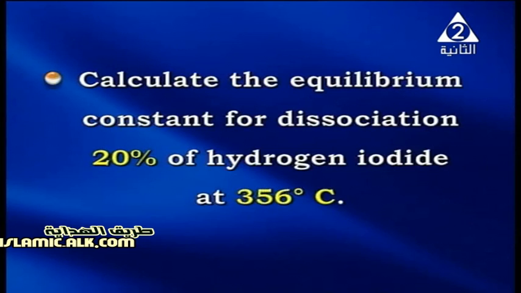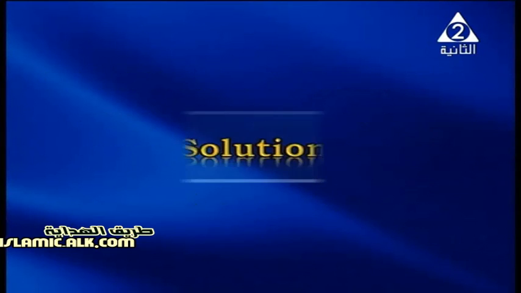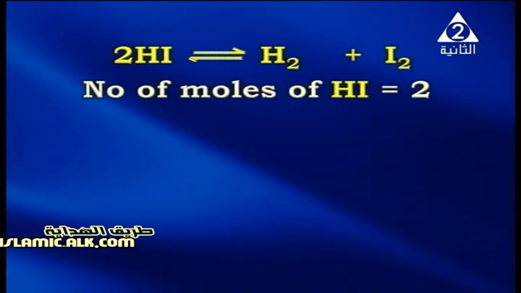Second example, calculate the equilibrium constant for the dissociation of 20% of hydrogen iodide at 356 degrees Celsius. Solution: as the equation proceeds on the screen, 2HI gives H2 plus I2. As we know, the number of moles of HI as the equation proceeds is 2 moles.